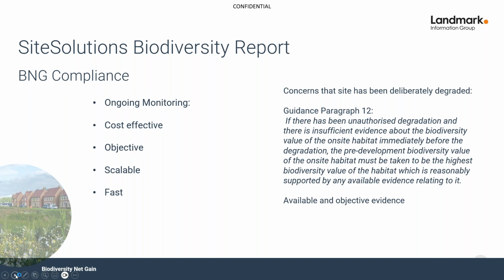There's potential for a site to be deliberately degraded so that the BNG units are potentially lower for development. The interesting thing here with satellite data and the tools we're using is that we can begin to look back historically at a site as well to understand what was there previously, so be able to see these situations where this might happen.